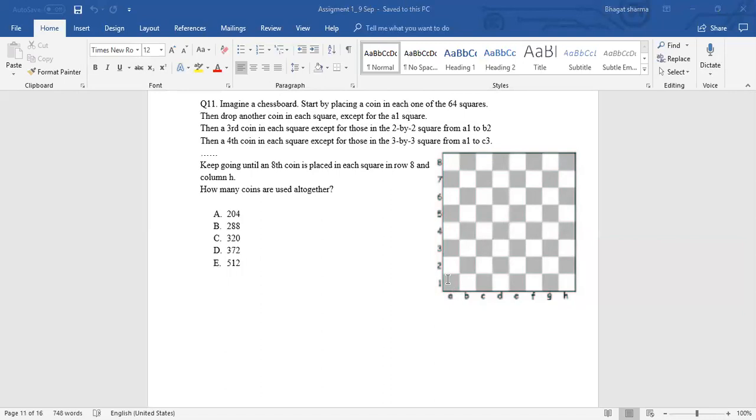What I did, I just wrote the number of coins each square is going to have.